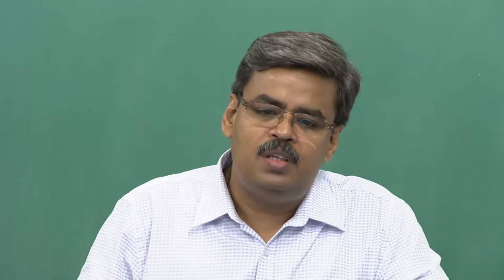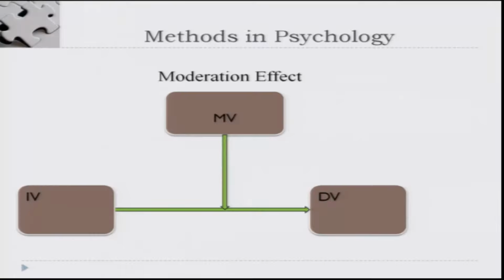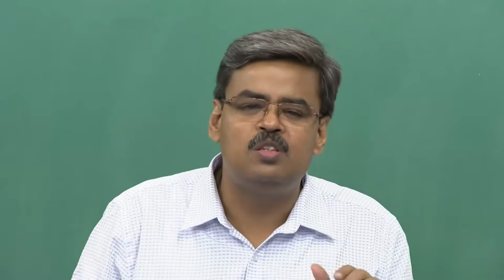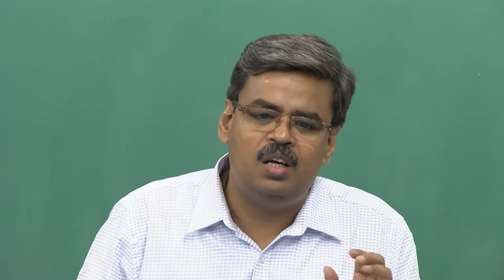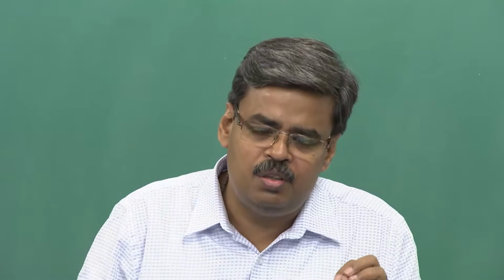Okay. The other type of effect is what is called the moderation effect, where the independent variable affects the dependent variable, but then there are certain other factors as well which affect the relationship between the independent and the dependent variable. So, this is called the moderation effect. Because this is an introductory psychology course, I will not go into the details of the mediation and the moderation effect.